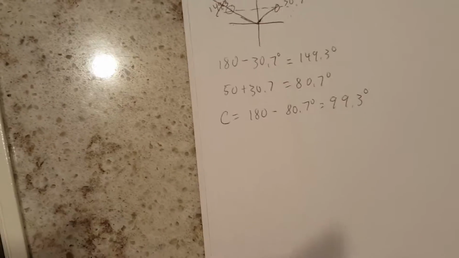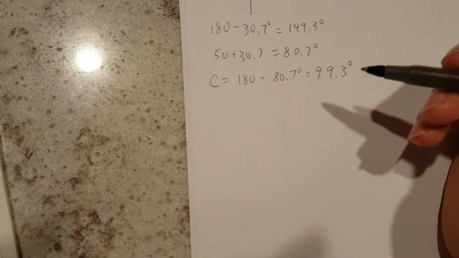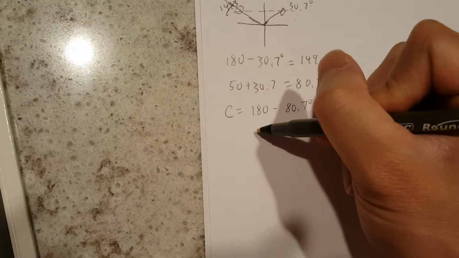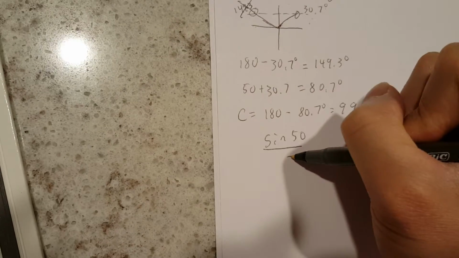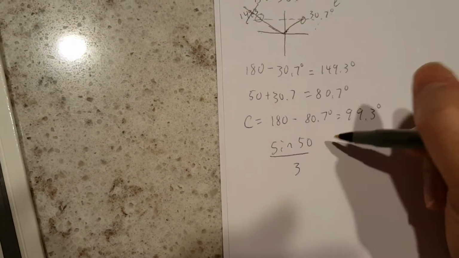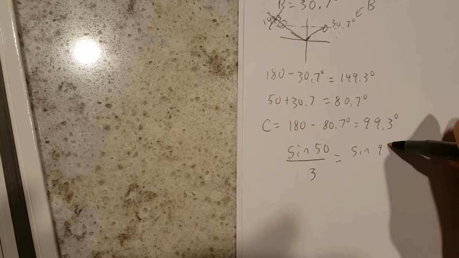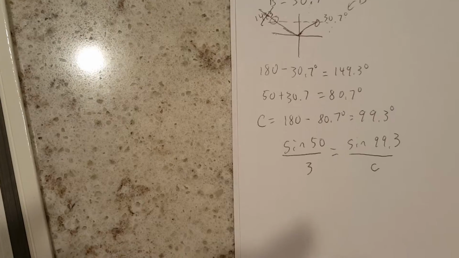And then once you have angle C, you can use the law of sines again to find side c. So I'm just going to start: the sine of 50 over 3 is equal to the sine of 99.3 over little c.